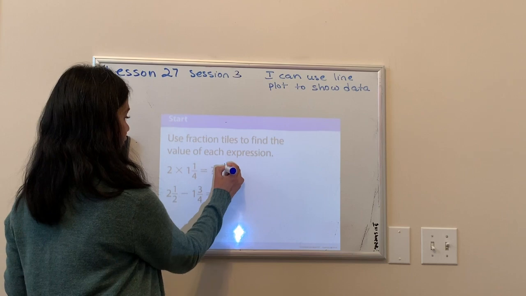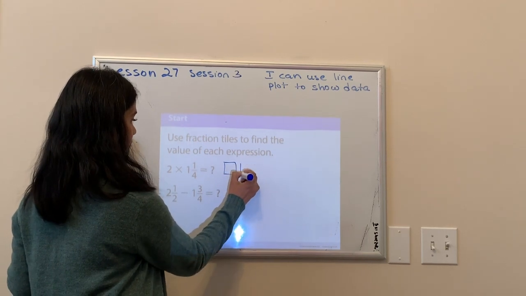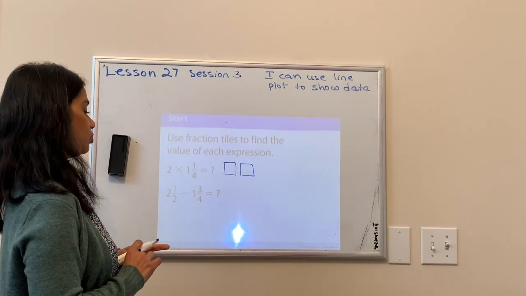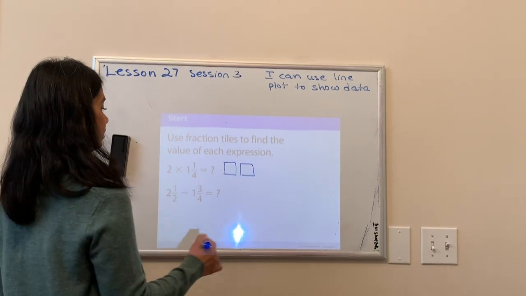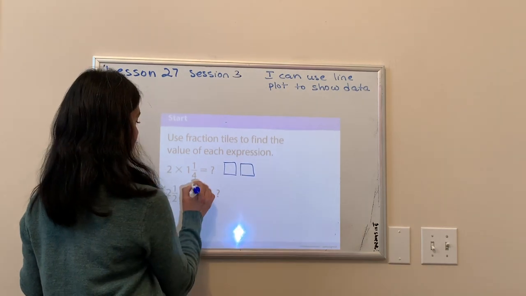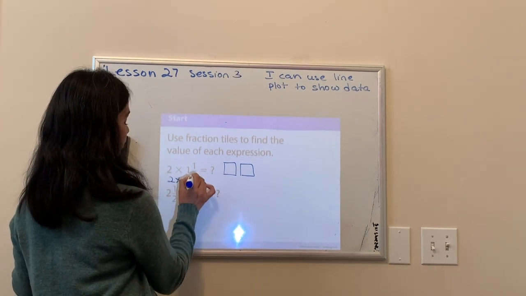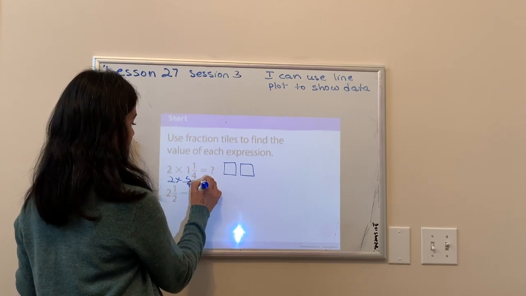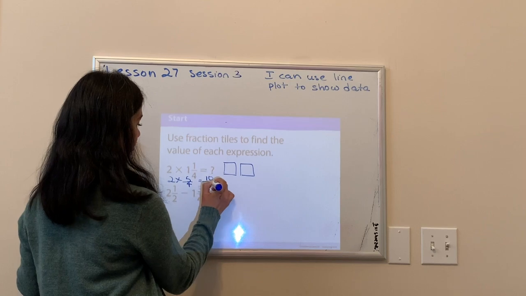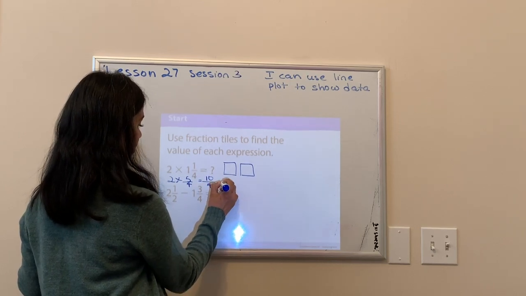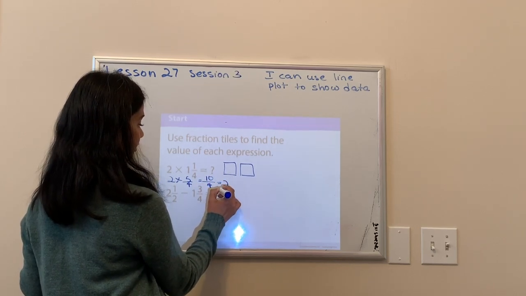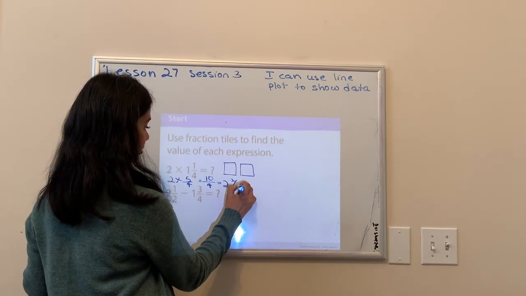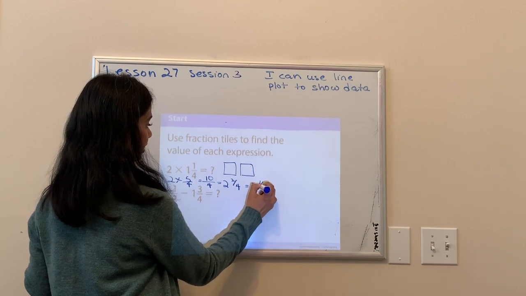But if we did use fraction tiles, 2, right, and we're going to multiply it by 1 1/4, so we'll get, if we were to do this, 4 1s are 4, and 5 over 4, 5 2s are 10 over 4, and that is 2, 4 2s are 8, 2 remainder, 2, which is 2 1/2.